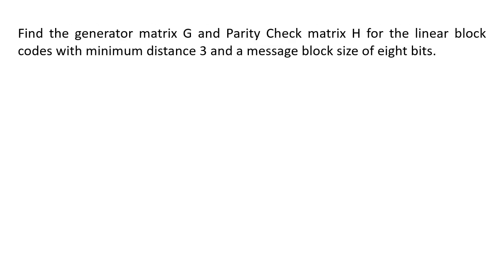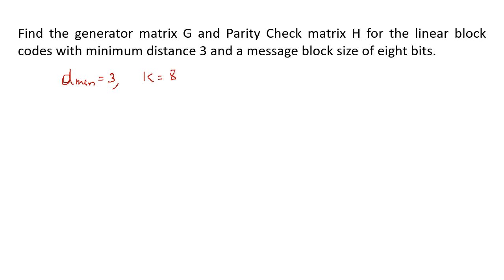Find the generator matrix G and parity check matrix H for a linear block code with minimum distance 3 and message block size of 8 bits. So here the given values are d minimum, which is given as 3, and message block size, which is nothing but k, is given as 8.